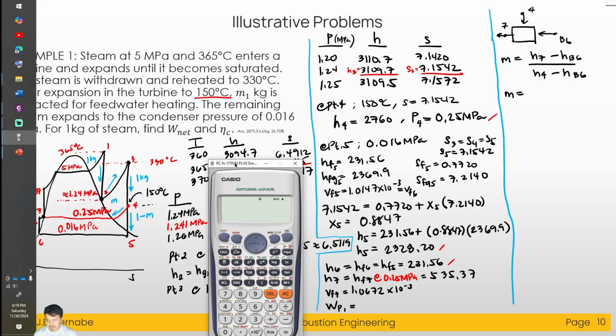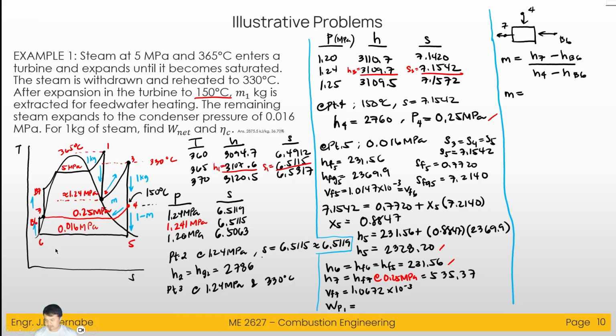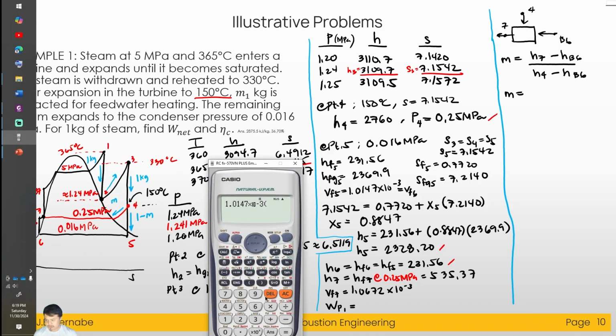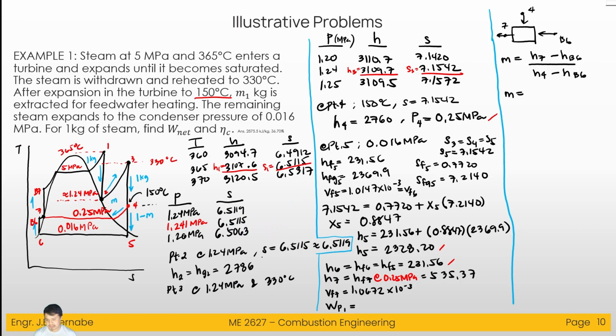So 1.0147 times 10 to the negative 3 multiplied by the pressure differential, no? So you have 0.016 and 0.25, so this is 250 kPa minus 16 kPa. And so that is almost negligible. So 2374. So we can solve for HB6.